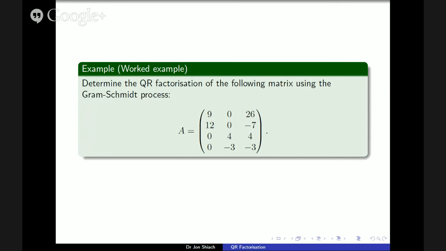So what's A3? A3 is 26, minus 7, 4, minus 3. Okay, minus 10 times E1. Well, E1 is 3/5, 4/5. So 10 times this is going to be 6 and 8.